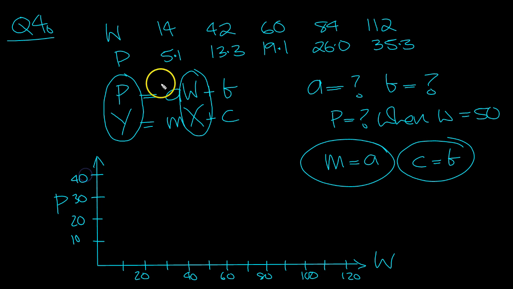There we go. Let's mark off the points 14 and 5.1. 14 and 5.1 would be here. 42 and 13.3 about here. 60 and 19.1 would be about here, say.